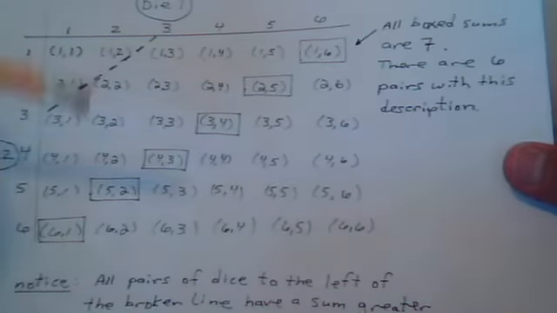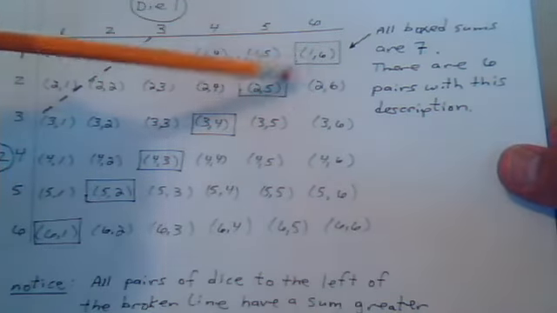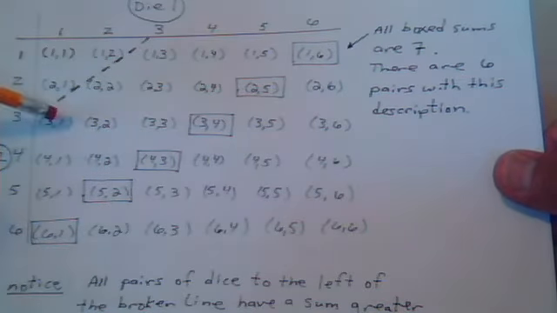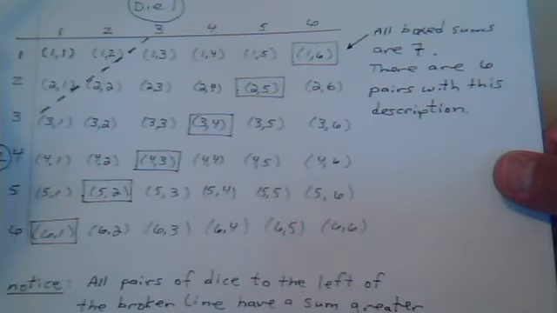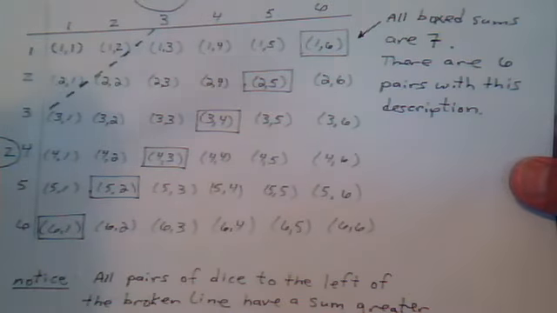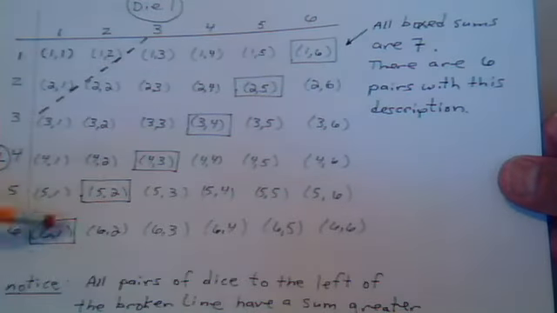So you go back to your table, all of these fit the description of the sum equals 7. These fit the description, the sum is greater than 3. How many of those are there that have both descriptions? Well, it would be these here.